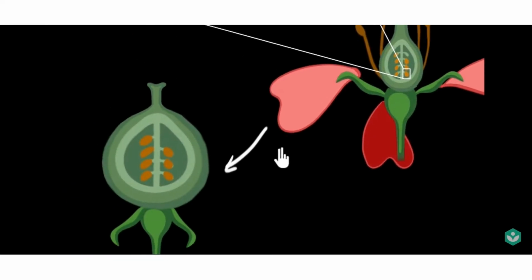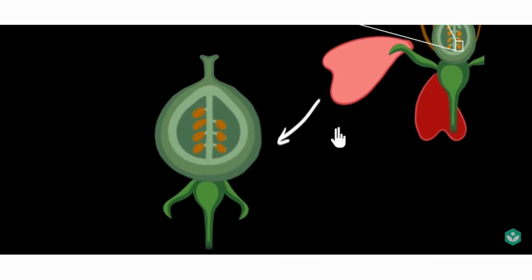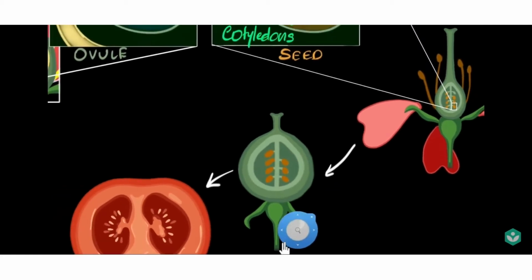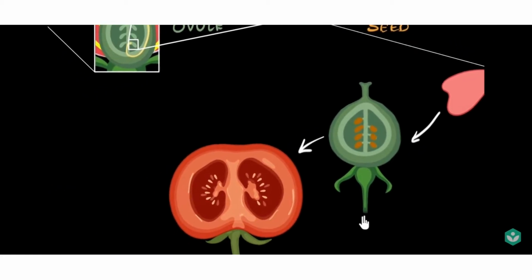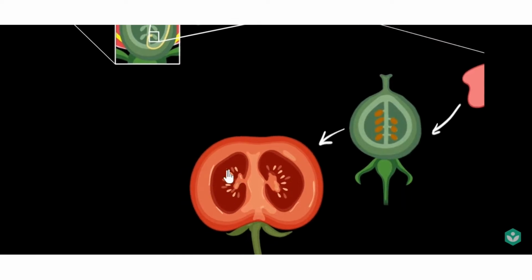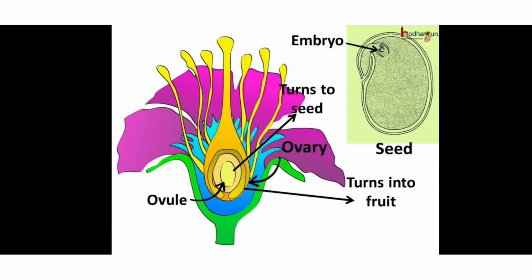So, here the fertilized ovule will develop as seed and the wall of the carpel begins to grow into a fruit. That is, the ovary will be converted to a fruit and the ovules which were present inside the fruit, which are fertilized, are converted as seeds.